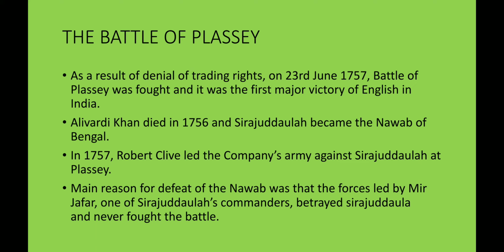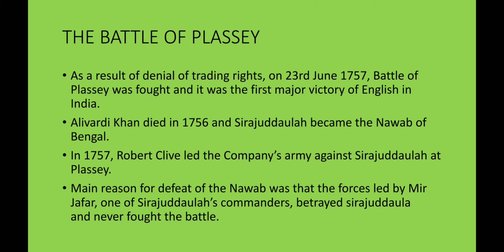On hearing this, forces under the command of Robert Clive were sent to negotiate and come to an agreement so that the situation would not deteriorate. Failed negotiations with the Nawab led Robert Clive to stand against Sirajuddaulah at Plassey, where Sirajuddaulah was defeated.